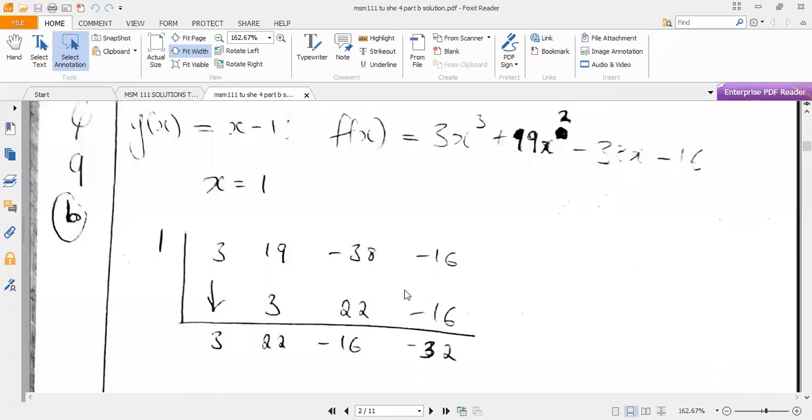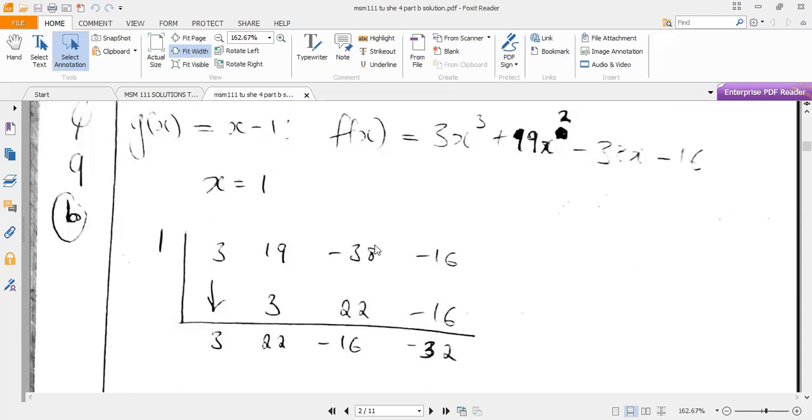Then you take the constant at the end, it's negative 16. And then you start doing the steps. Here we know that our factor is 1, right? So we drop down the 3. 1 times 3 is 3. So 19 plus 3, we get 22. Now 22 times 1 is 22.